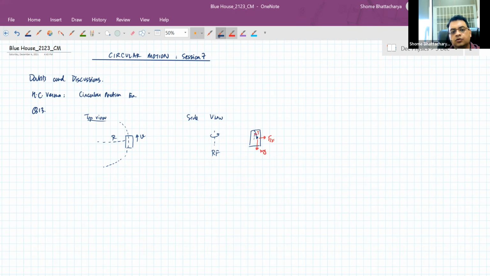To draw a more detailed diagram, the thread will be at an angle theta with respect to the vertical because of the action of centrifugal force acting radially outwards: mv square by r, mg, and the tension T acting at an angle theta with the vertical. This is the equilibrium in the rotating frame. The bob is at rest in the rotating frame of the car. Is the concept clear for the free body diagram, people?